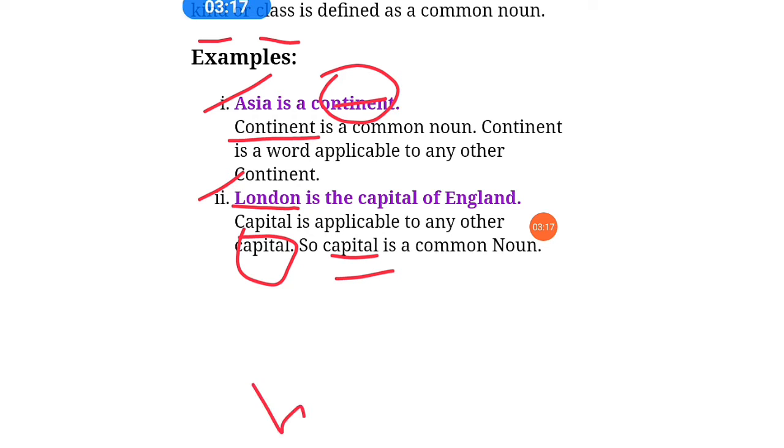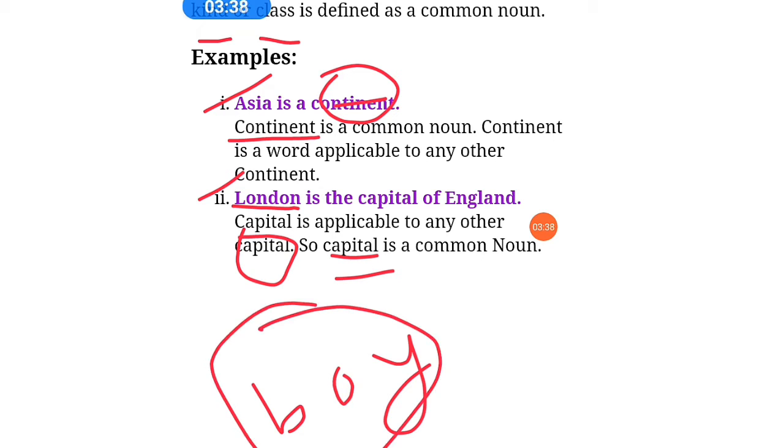Therefore, boy becomes a common noun. So the words which can be used in common for anybody or anything, many various things, are called common nouns. Here boy is a common noun in those three examples which I have given you. So the common noun is all about this only.